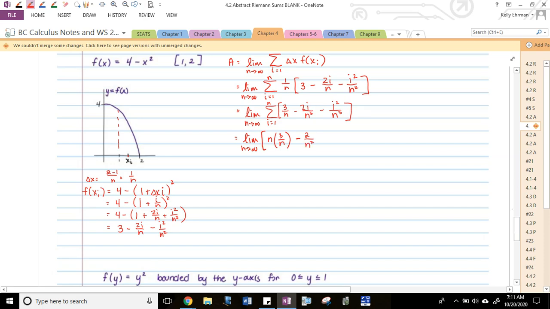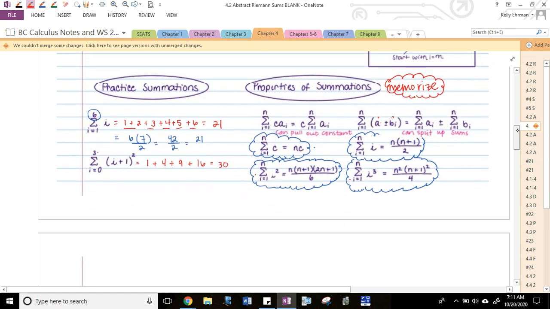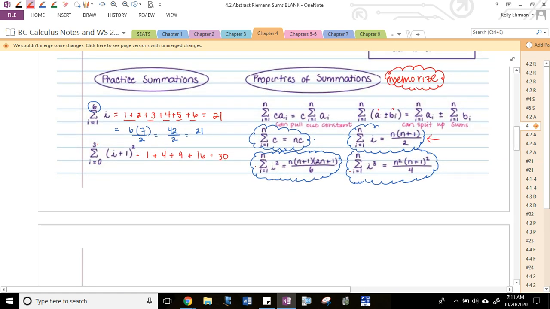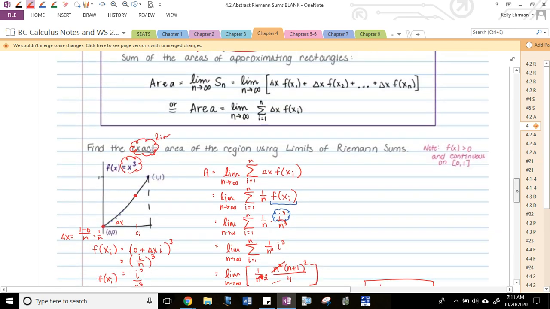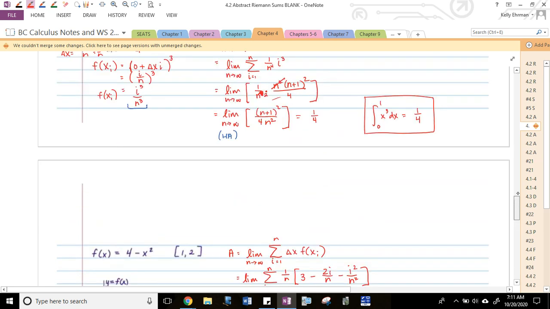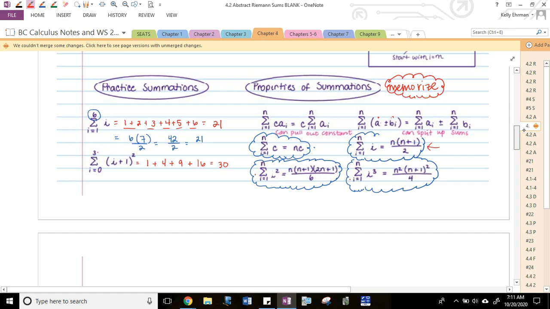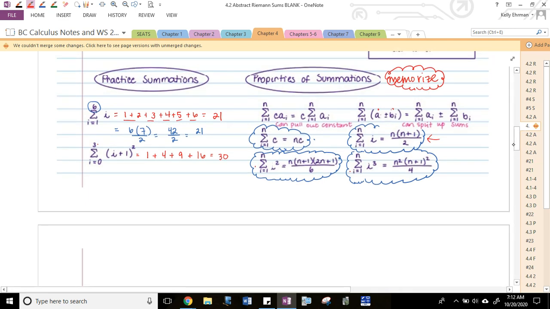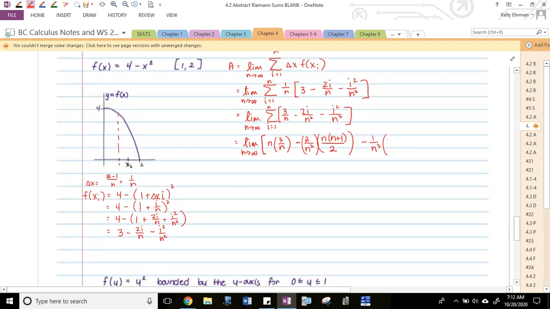And then the sum of just a single i, go back here, becomes n times n plus 1 over 2. Minus, I'm going to write 1 over n to the third, times the sum of i squared, rolling back up, which becomes n times n plus 1 times 2n plus 1 over 6.